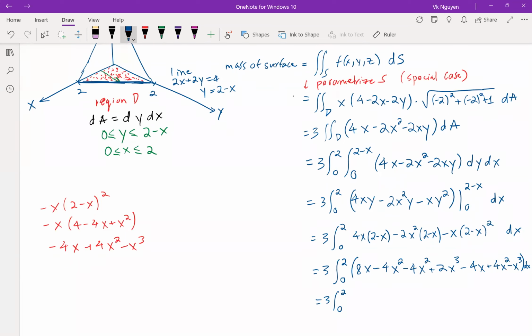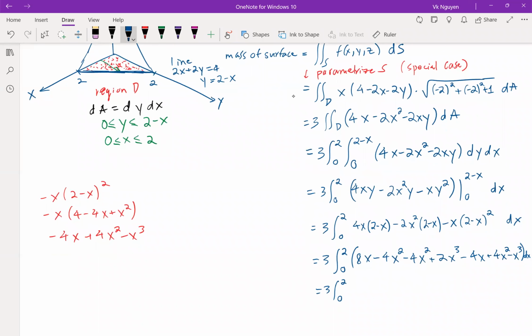So we have x to the 3 minus 4x squared, and that looks like plus 4x.